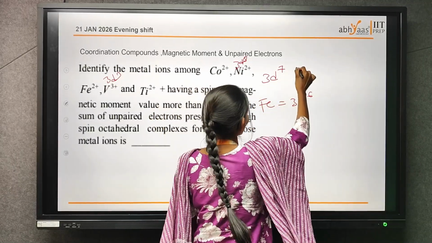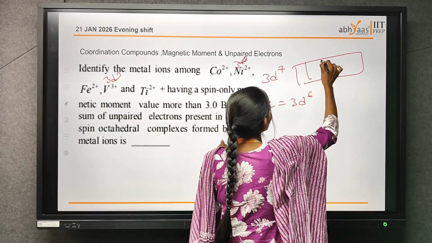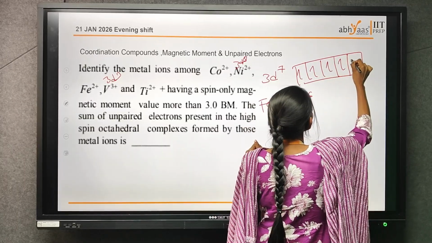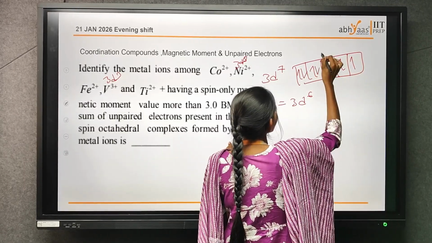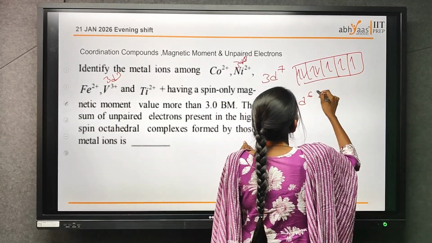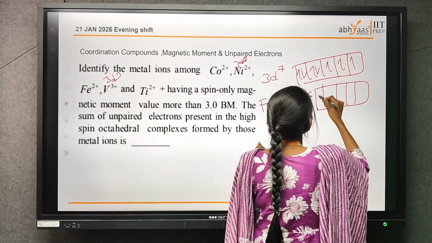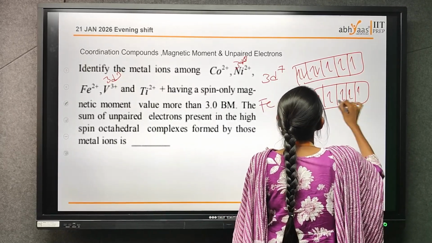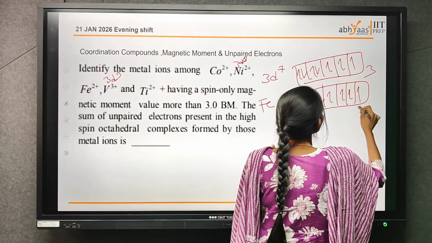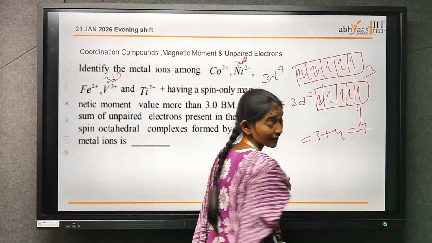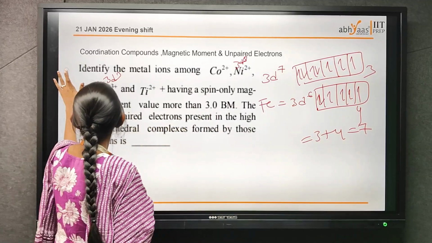Coming to the electrons, here we have 3 and here 4. So 3 plus 4 is equal to 7. So your answer will be 7.